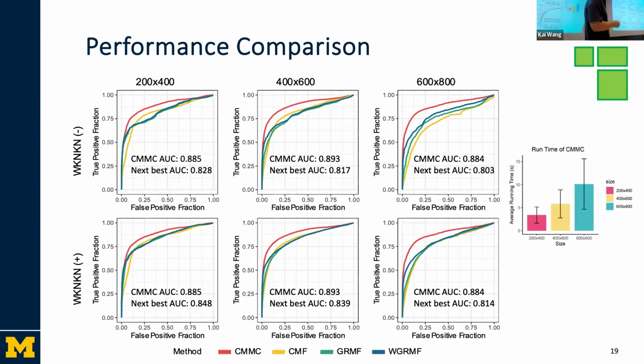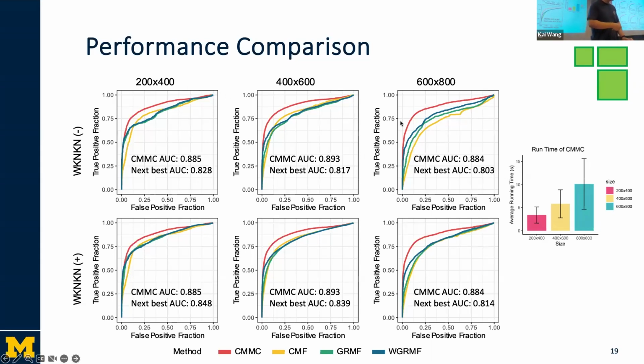You can see that with WKNKN, it improves the performance of the other 3 methods. And as the size of the matrix increases, you can clearly see that the performance of the other 3 methods decreases a little bit. But our method is very stable across different sizes of the matrix.